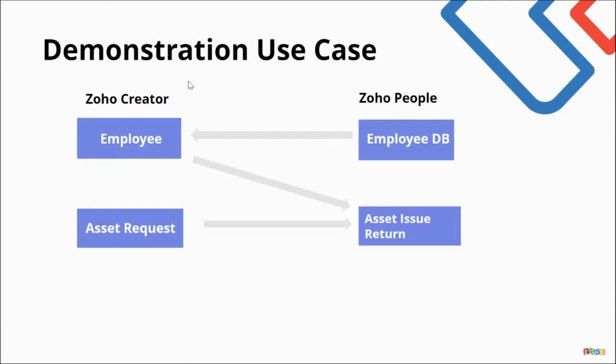So both push and pull operations happen here. Once the sysadmin receives this request, he will update the issue quantity once he has issued the asset to the employee. Finally, it will get updated in asset inventory inside Creator. This would be the demonstration use case.